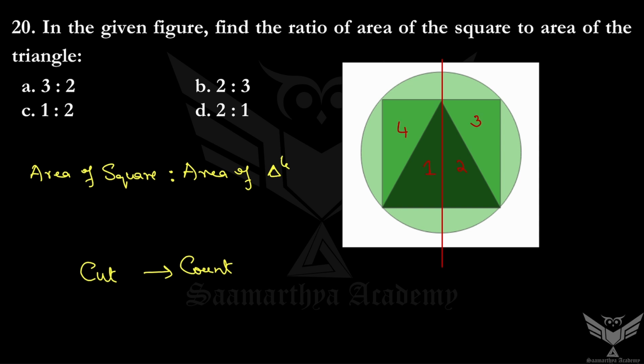Now if I observe, to make the square I want all the 4 pieces, but to make the triangle I want only 2 pieces. I got my ratio, that is 2 is to 1. All the level 1 geometry questions to find the area and all can be solved just by cut and count method for level 1 questions. For level 2, we'll be discussing in the next video.